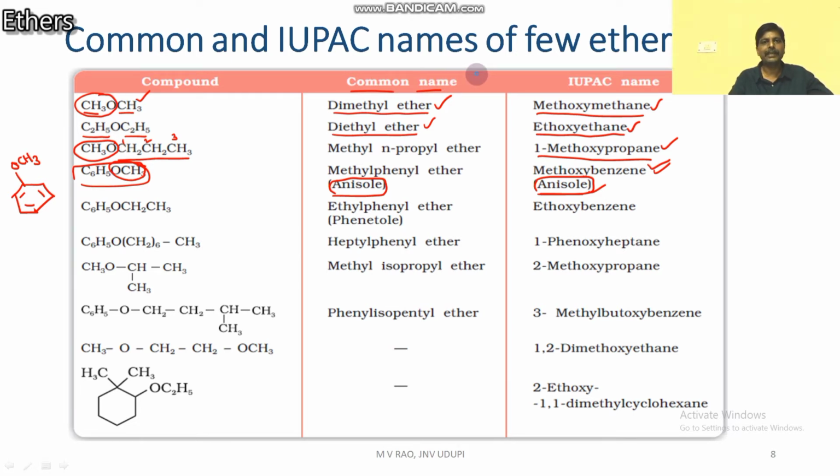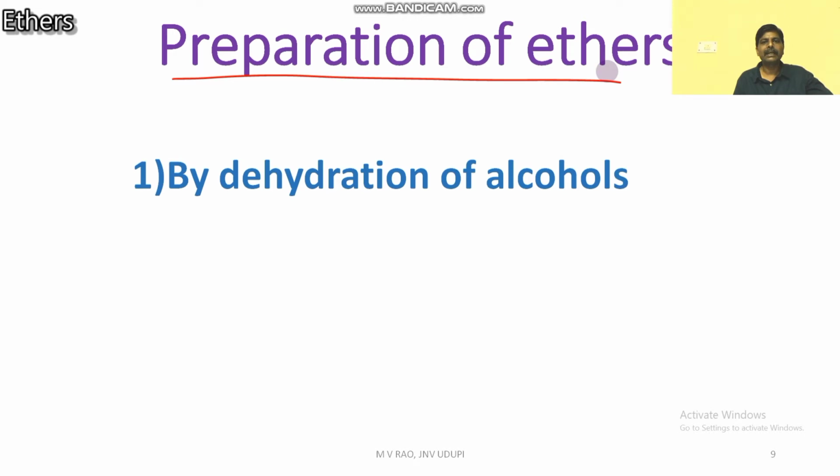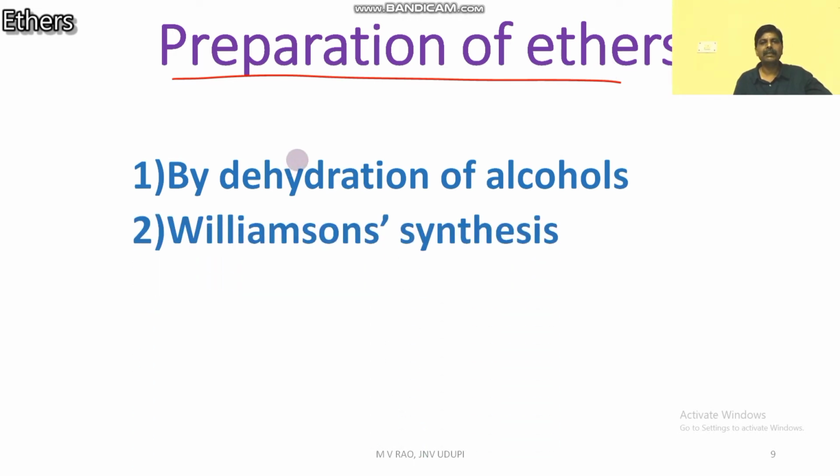Our next topic is methods of preparation of ethers. There are two methods to prepare ethers. So first method is from alcohols. This method already discussed in the alcohols topic.